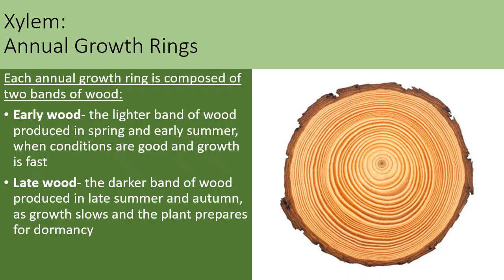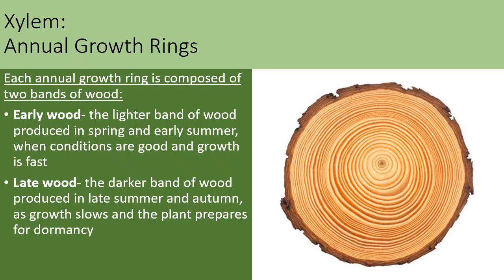So there's this lighter band of wood produced in the early spring to early summer. Conditions are really good, growth is really fast, and the wood is slightly less dense. The late wood is this darker band of wood that is produced later in the summer and autumn. And it's a little bit denser because the growth is starting to slow down and that plant is preparing for dormancy.